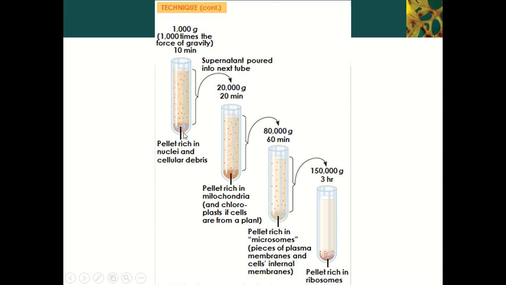The pellet that we get is based on their mass or their weight. So nuclei and cellular debris will become the first pellet because they are the heaviest organelles inside the cells.